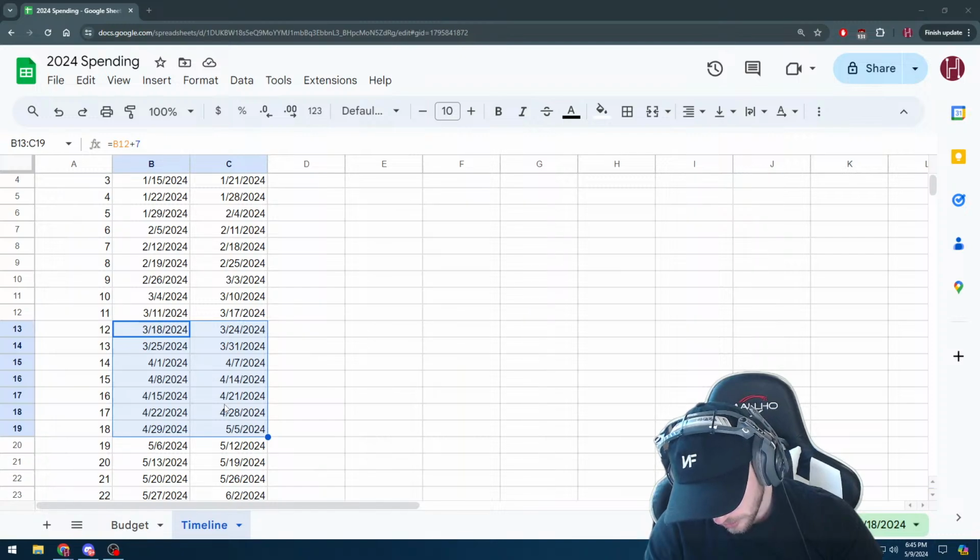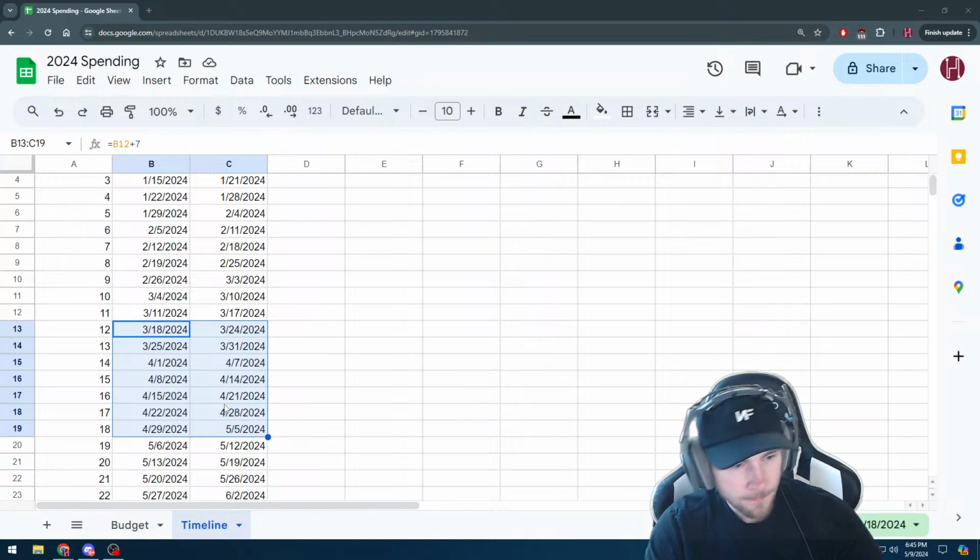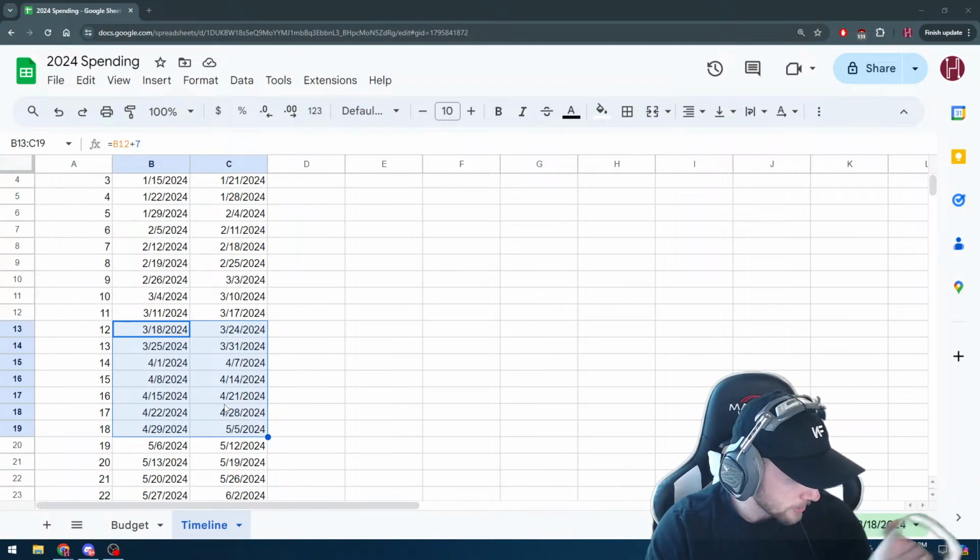Date on this guy. We're looking at 4/13. Is this a 4 or a 3? It was a 3, right? Yeah.